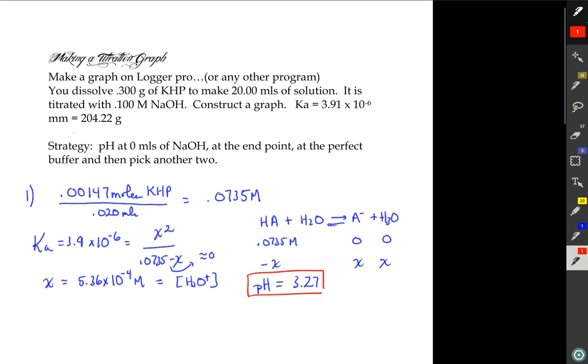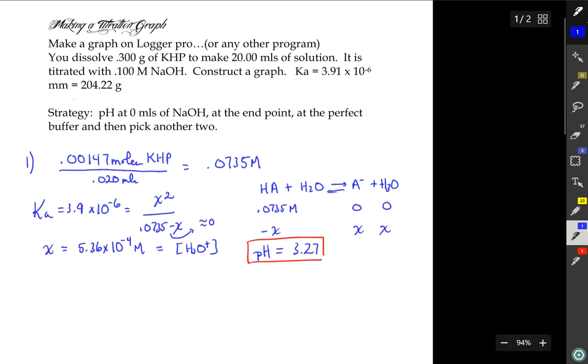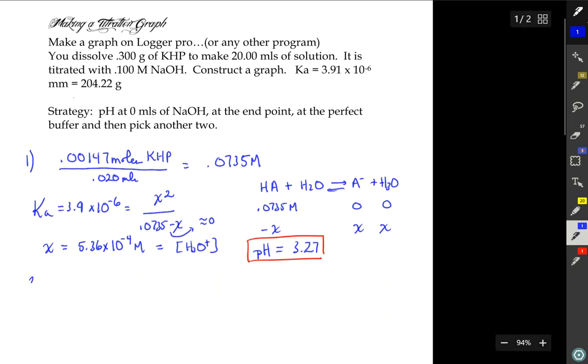This assumes that I start off with 20 mL of my solution. For the second point, I'm going to figure out the endpoint. At the endpoint, I have to make sure that all my KHP is used up.